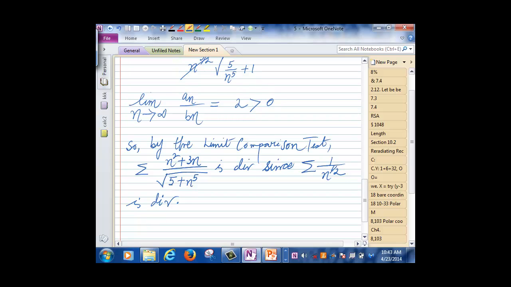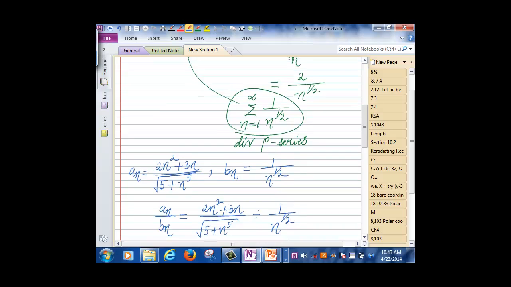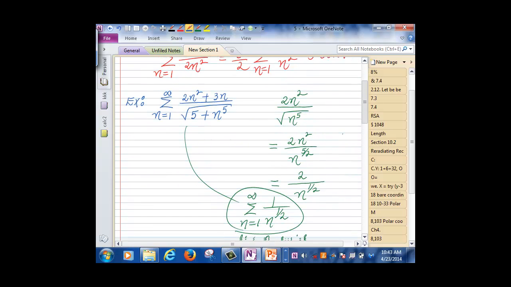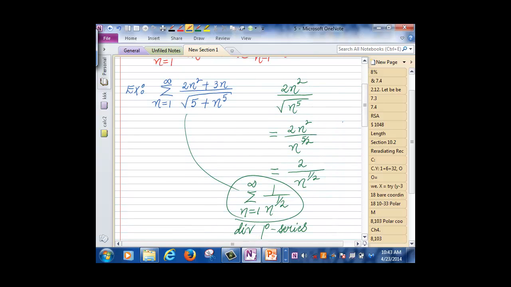Now, this series that we started with, the sum of 2n squared plus 3n divided by the square root of 5 plus n to the 5, that's a divergent series, is exactly what we have shown.